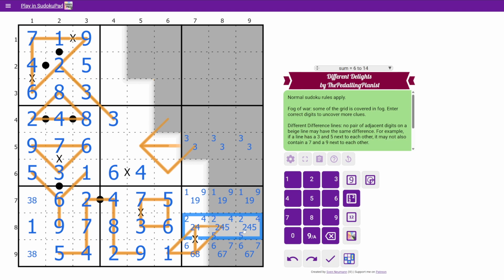Two, 4, 5 is in the middle. And then the top and the bottom is going to get a 3 or an 8 in either one or the other.